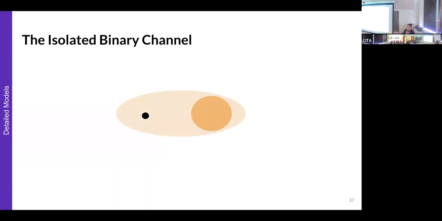And one of these two processes, or both of them, could be at play during the evolution of the binary. And then that would eventually bring the two black holes close enough that they could merge. Which of these exact stories is right is still under hot debate. Okay, but this is the set of channels people are looking at.